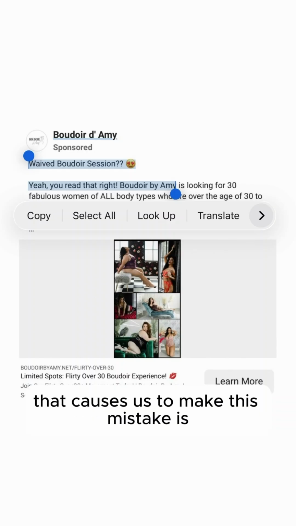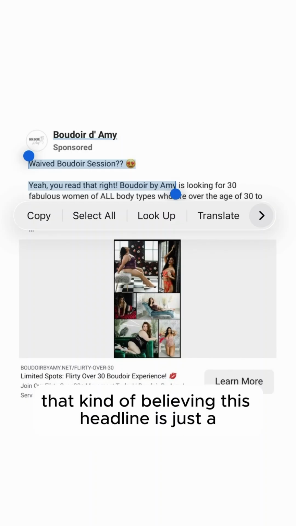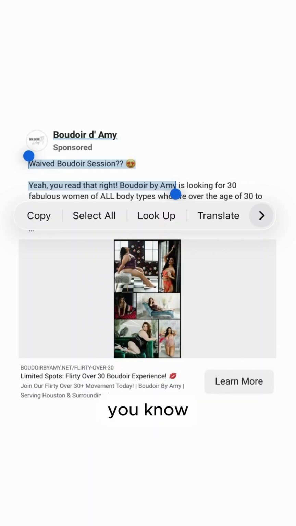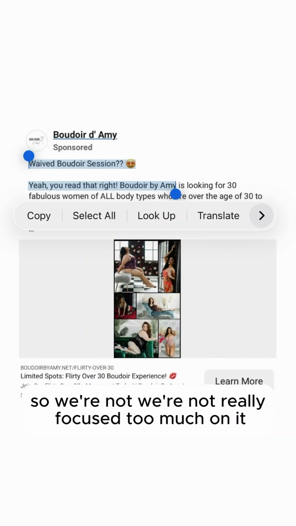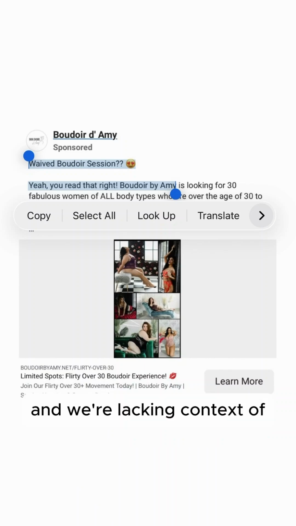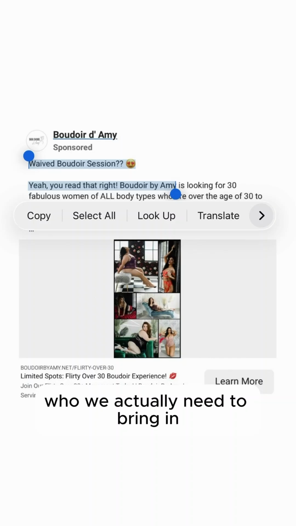And the false belief that causes us to make this mistake is that we kind of believe this headline is nothing special, when actually it's 80% of our ad spend. So we're not really focused too much on it, and we're lacking context of who we actually need to bring in.